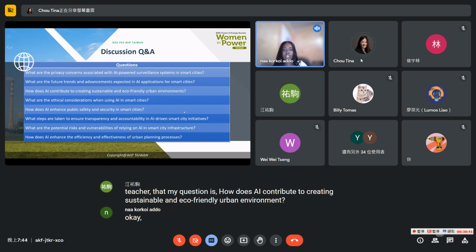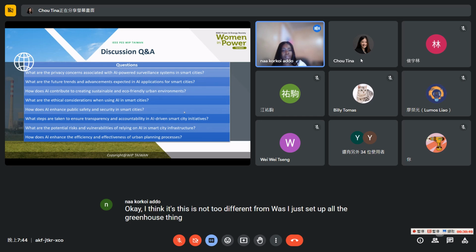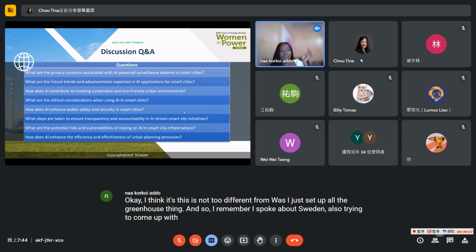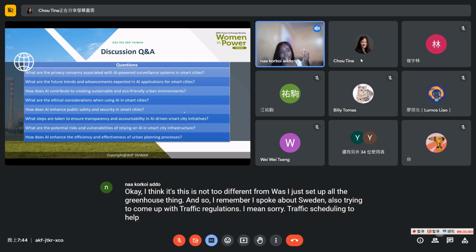I think this is not too different from what I just said about the greenhouse emissions. I remember I spoke about Sweden trying to come up with traffic scheduling to help cars get to your destination faster.